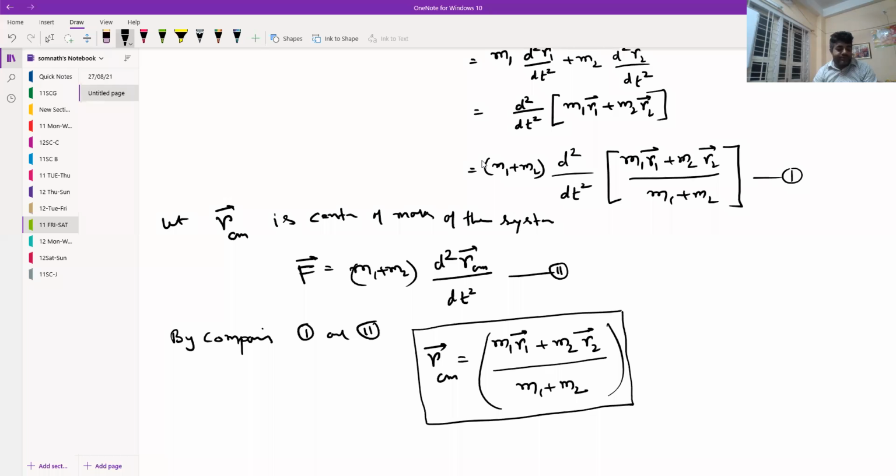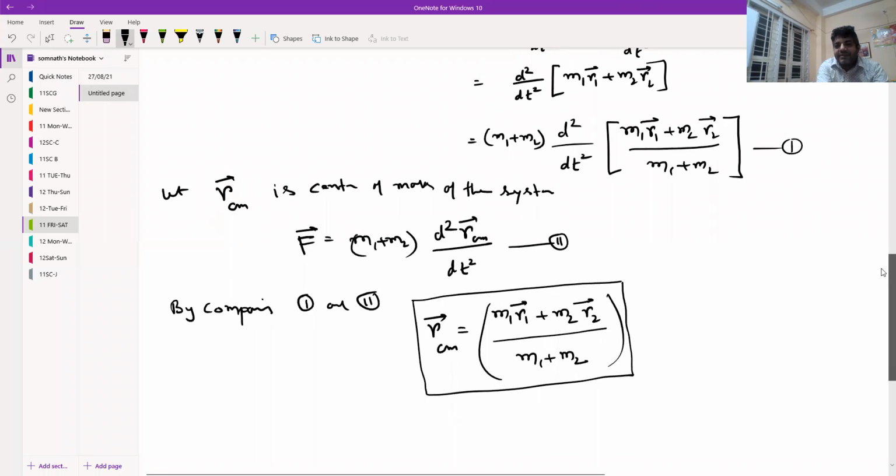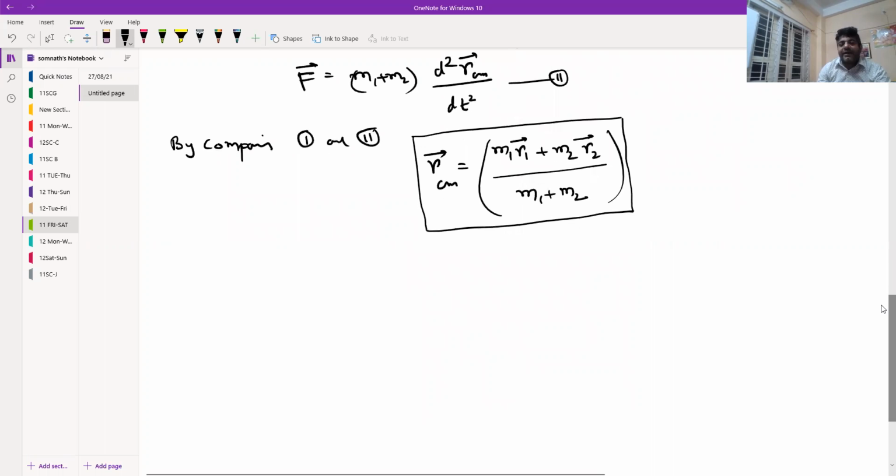Everyone, you understand? Hello. Yes. Now see, this is for a two particle system. So first we find it out for a two particle system, and then we can say it for n number of particles.